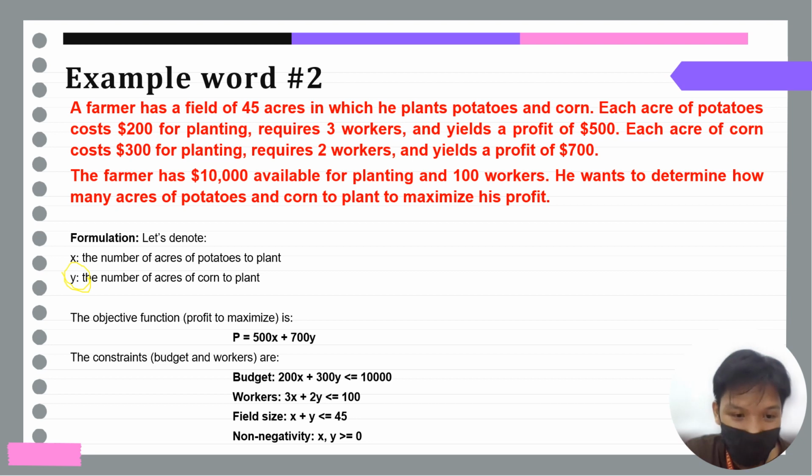Workers is 3x plus 2y less than or equal to 100. Field size is x plus y less than or equal to 45. Non-negativity is x and y greater than or equal to 0.